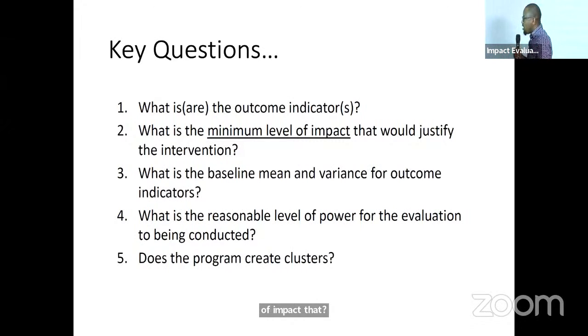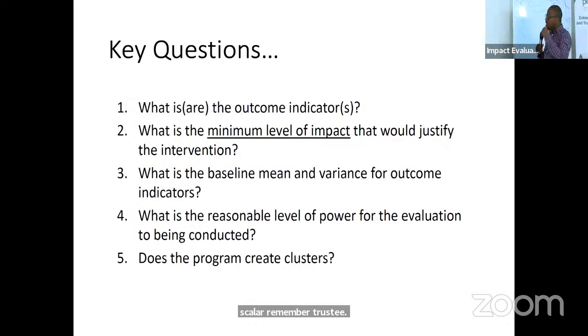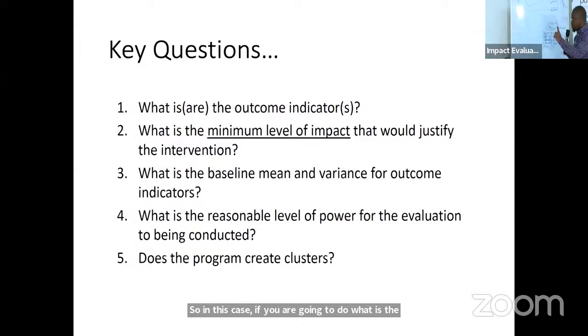Remember in the progressor, they said if it's 20%, scale up. If it's $20, scale up. Remember, first day? So in this case, what is the minimum detectable effect that will justify what? The intervention.